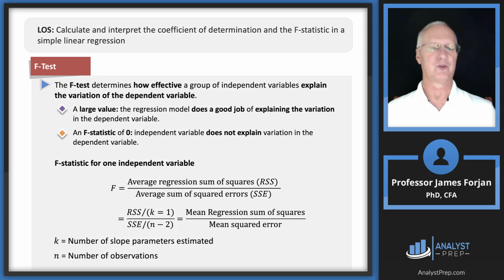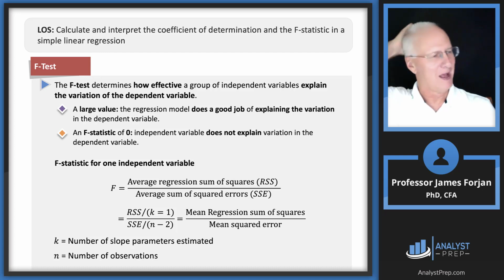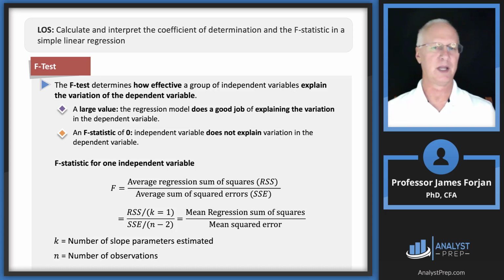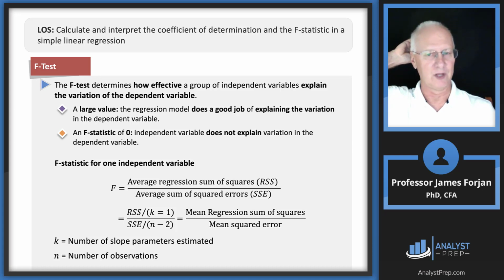Let's go to the other extreme. An F-statistic of 0 means, hey, wait a minute, Jim, I bet your model of predicting the temperature at Virginia Beach has an F-statistic of 0 because it didn't explain anything of the variation in temperature. So an F-stat of 0 is no good.